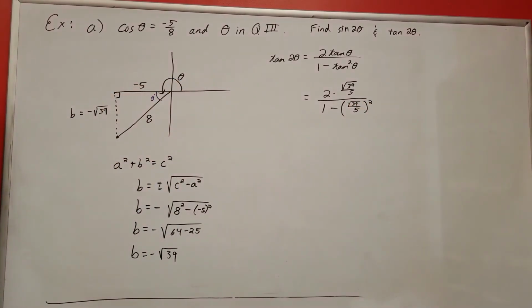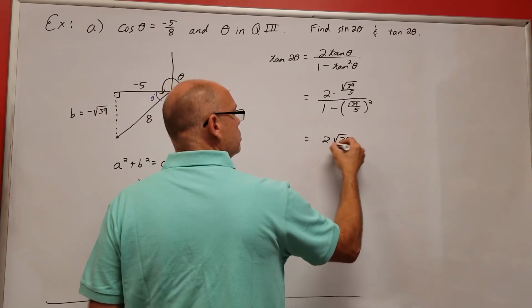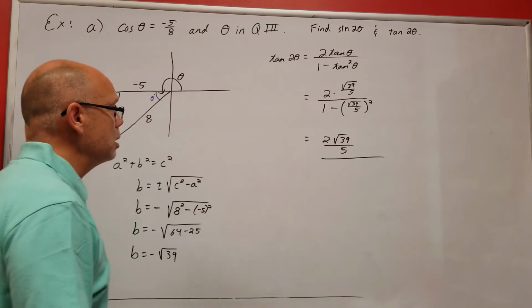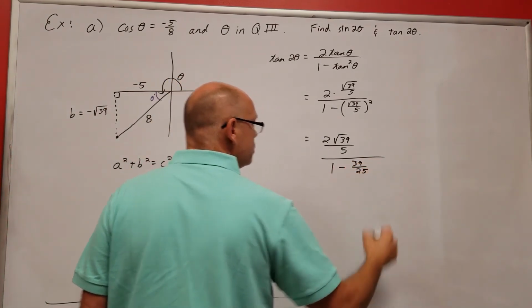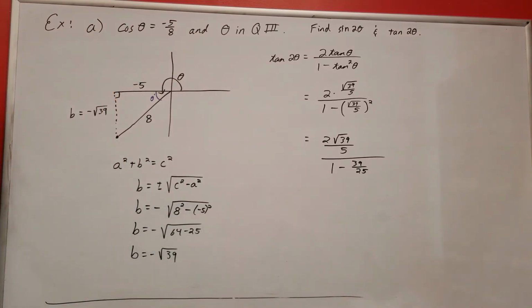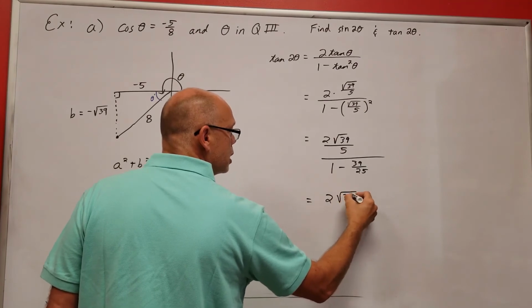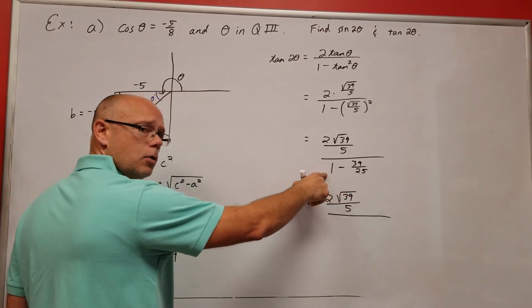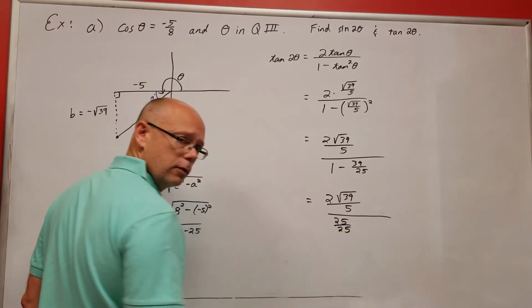So let's turn that mess into something nicer. That'll be 2 square roots of 39 over 5 up top. Down below, what do I have? 1 minus 39 over 25. Can 1 be written as 25 over 25?